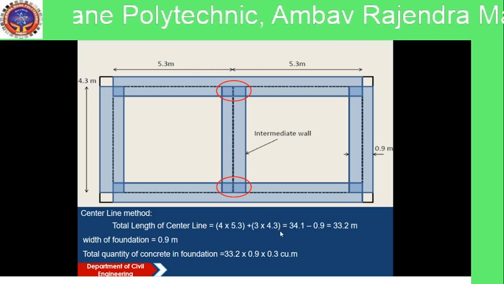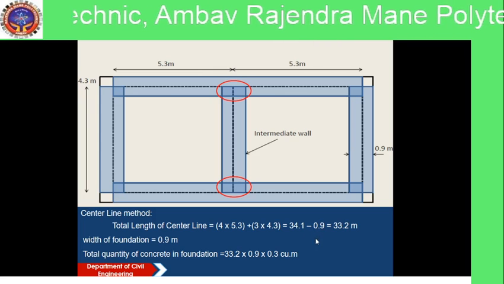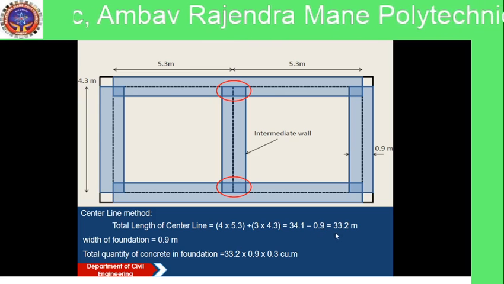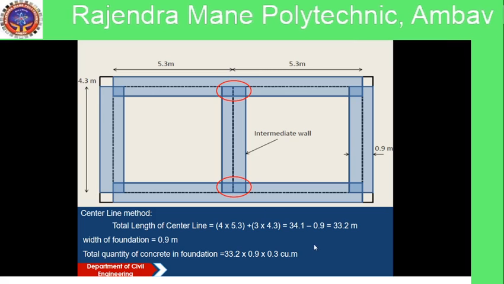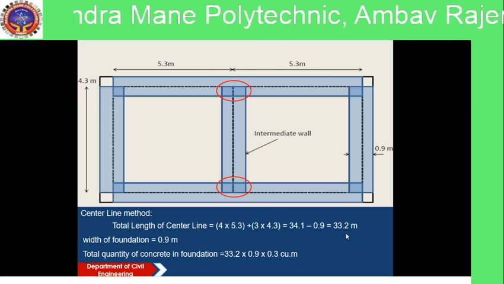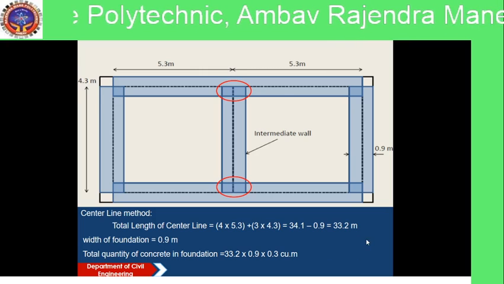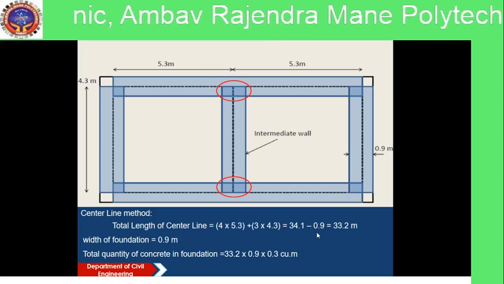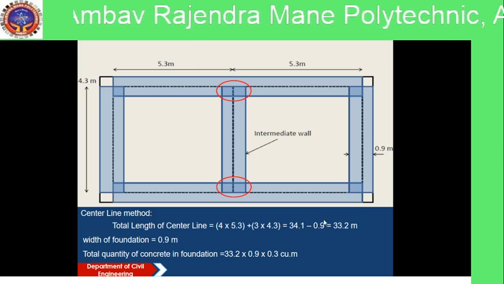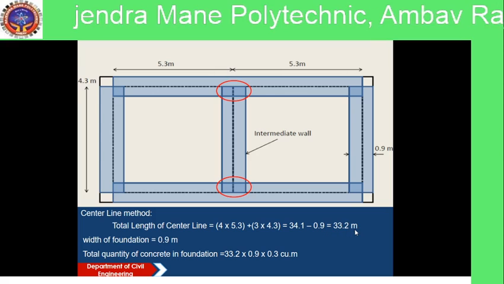For that, total center line length minus n into half width of the wall. Here n is the number of junctions. Number of junctions is 2. So 2 into half into width of an atom. So the 2 gets cancelled, only the width of an atom is left, 0.9. So total centerline length is equal to 33.2 meter.